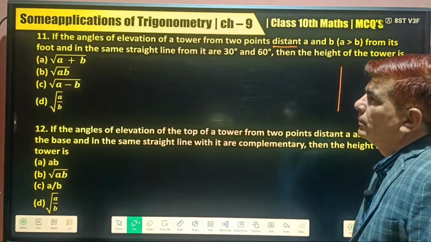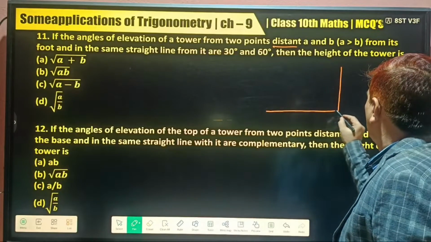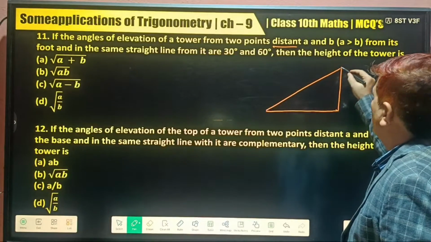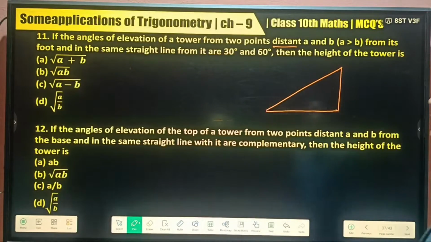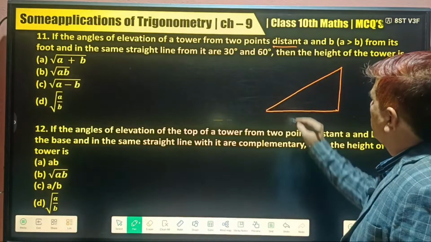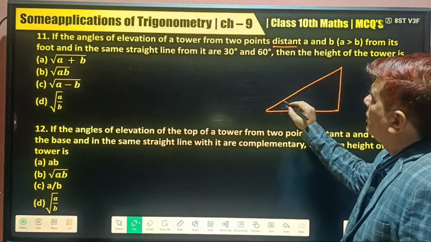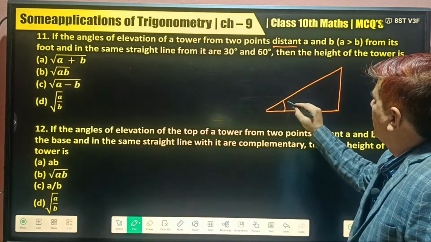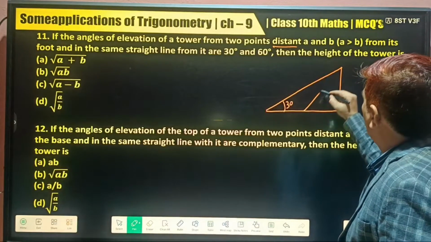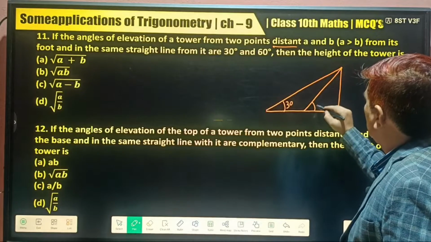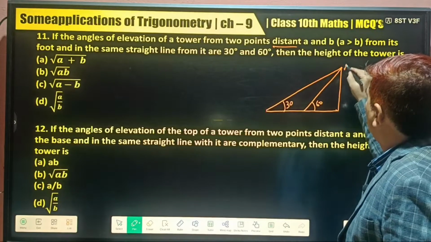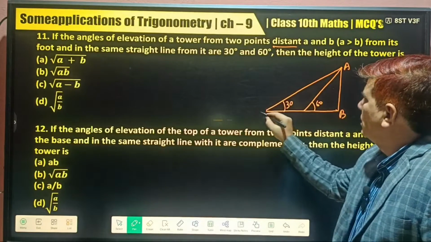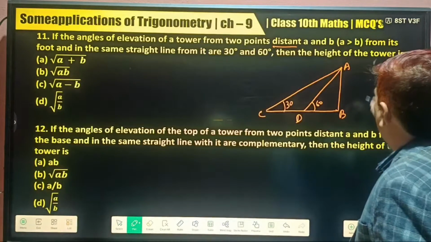So this first angle is how much degree? The angle of elevation is 30 degree, and then the angle becomes 60 degree. This is point A, B, C, D.